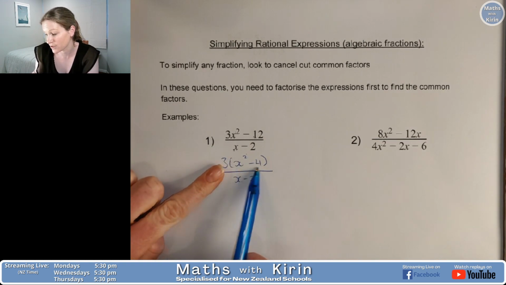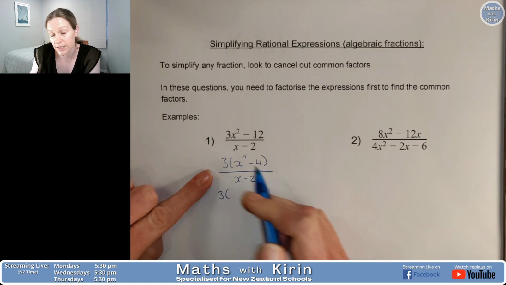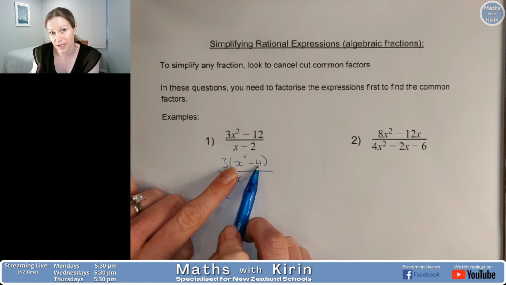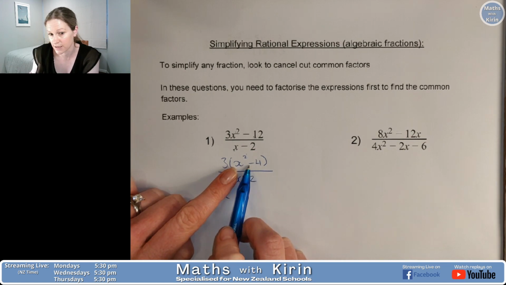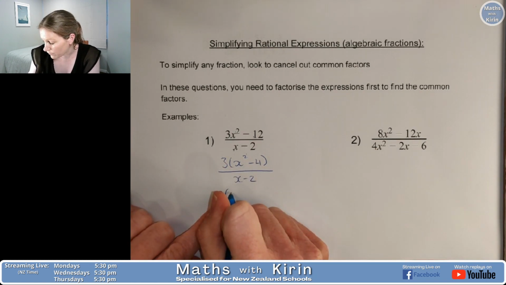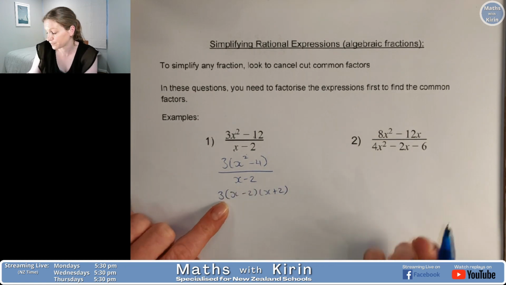So we can factorise this into two brackets. Our 3 stays out in front. We want two numbers that multiply to give us negative 4 and add to give us 0, because we've got no x's. So we've got x minus 2 and x plus 2.